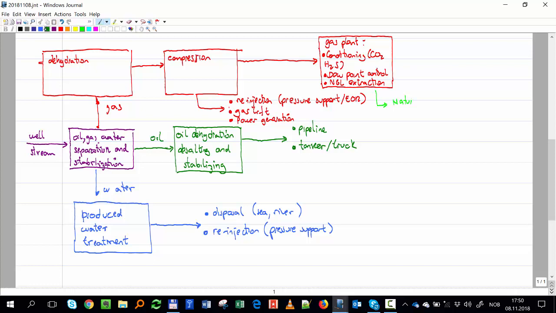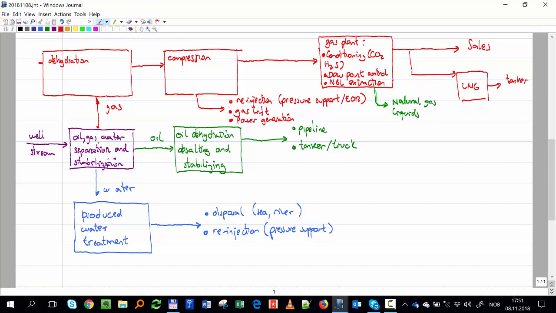That color is not a good color, so we're going to put it green. After we have the gas dry, you can use it for sales, or maybe in case there is an LNG plant, and then you go with a tanker.